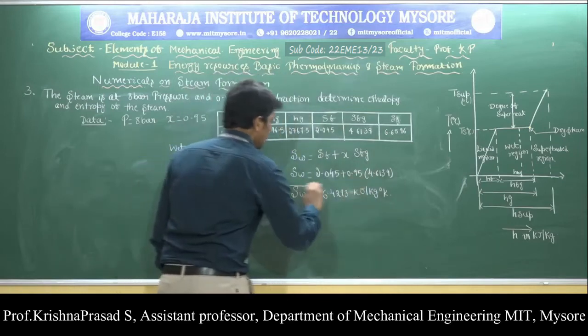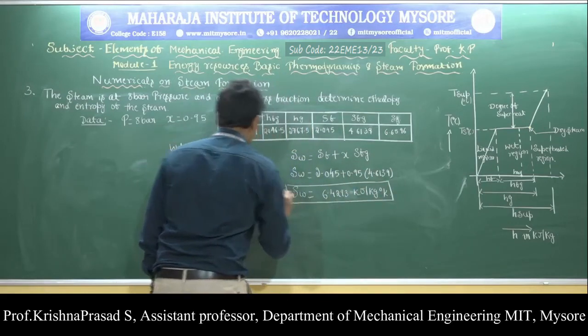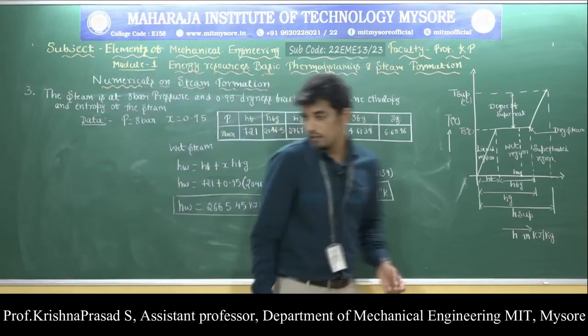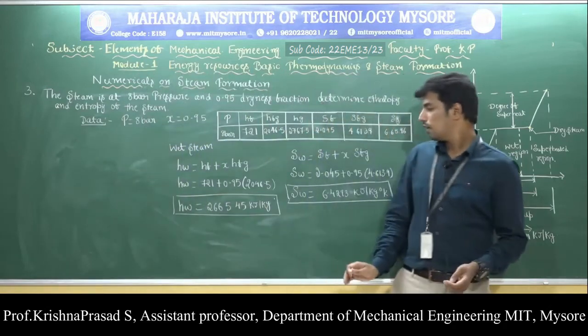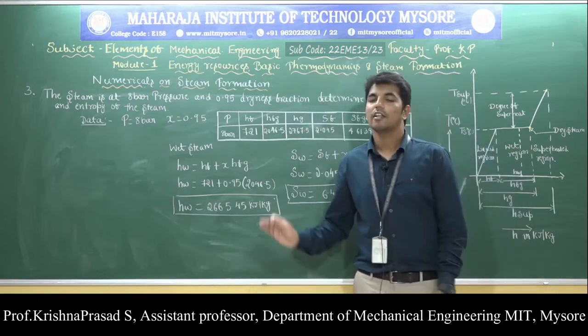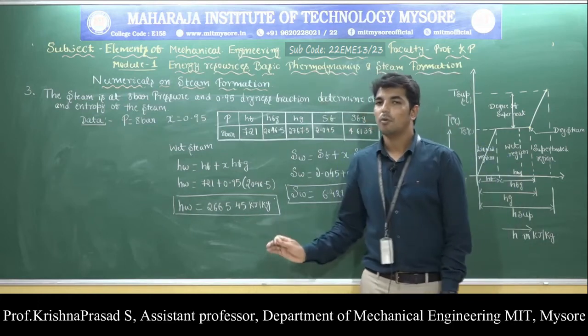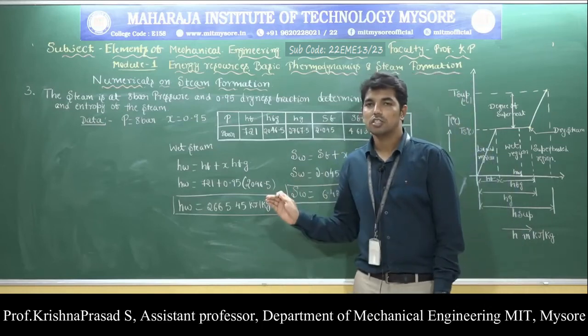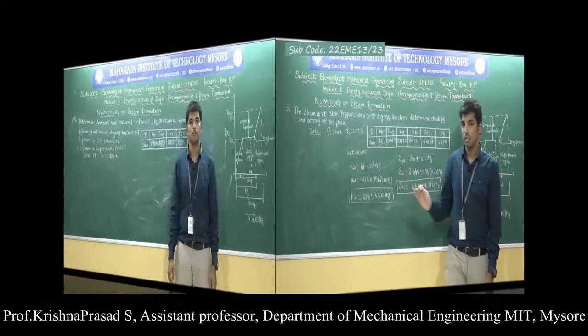So this is the entropy of the wet steam with 0.95 dryness fraction, and 2665.45 is the enthalpy of the wet steam with 0.95 dryness fraction. So this is regarding numerical 3.